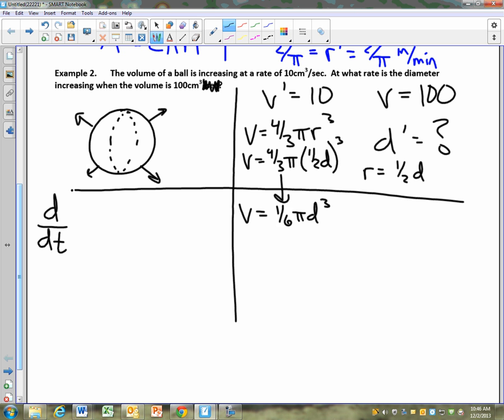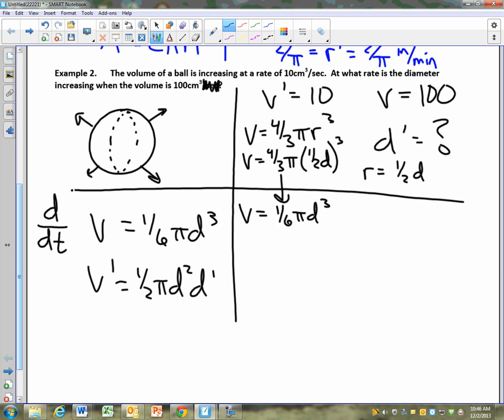So what's the derivative of V? When I take the derivative of that, I get V prime equals 3 times 1/6, which is 1/2 pi d squared d prime. Very good. Yes, so this is my derivative.